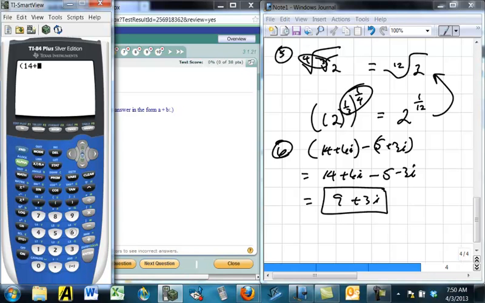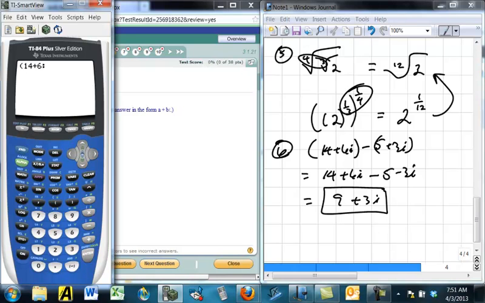14 plus 6, and i is, I have to find it, I'll use this a lot. Okay, where is it? I can't see if that's it or not. Is that it? No, that's not it.